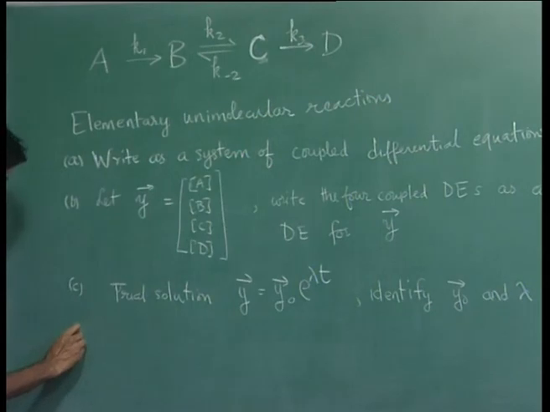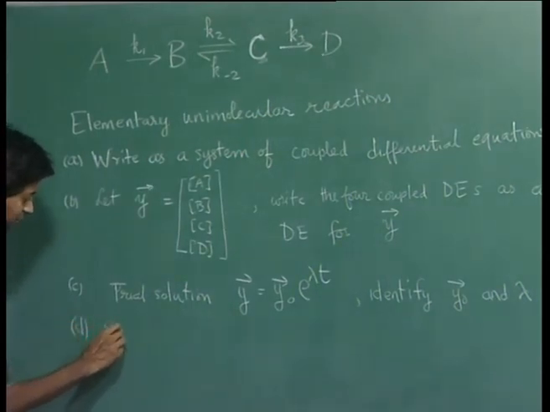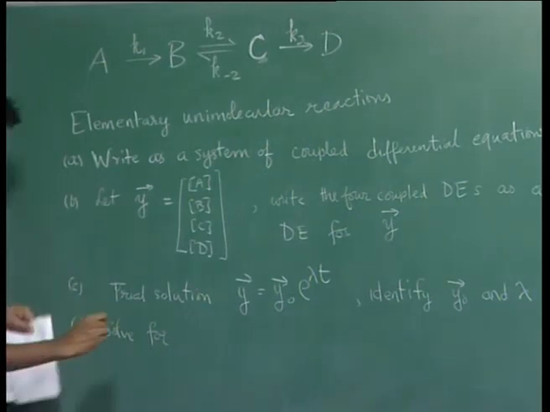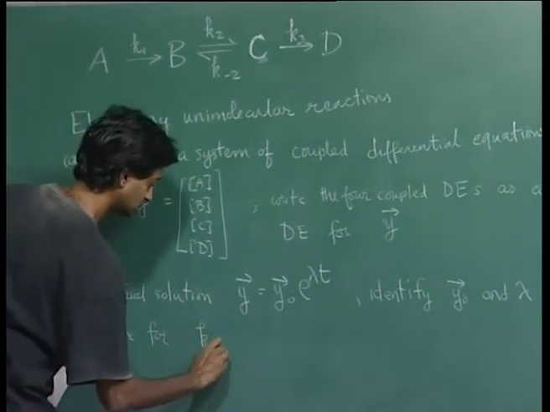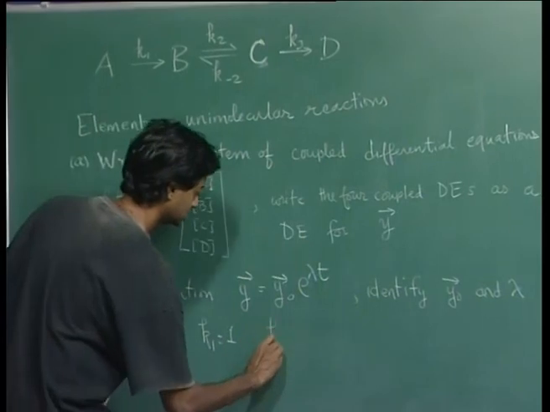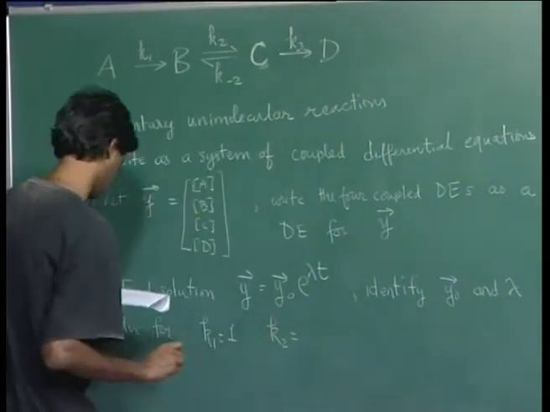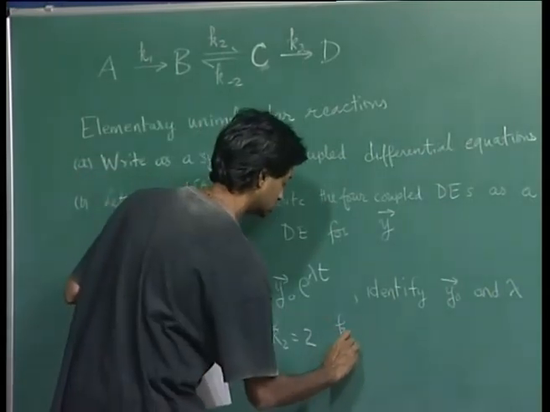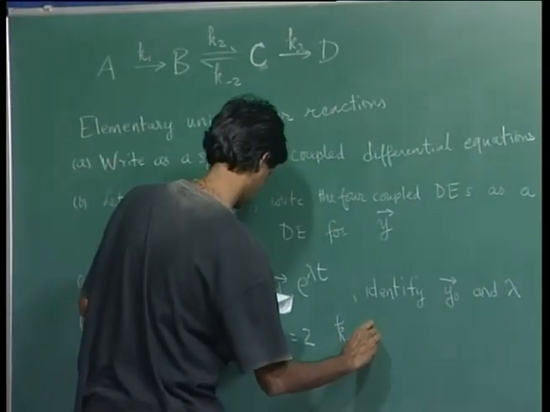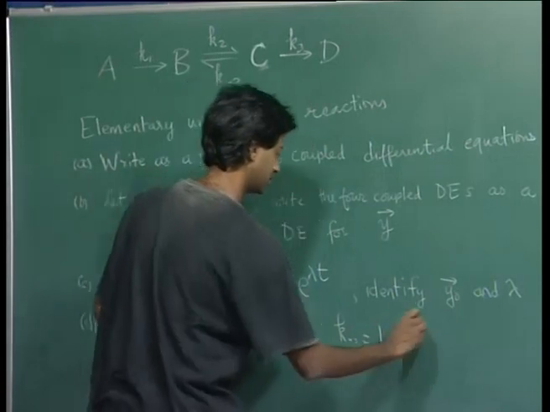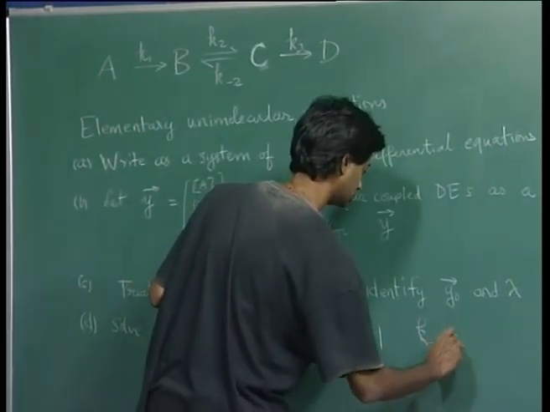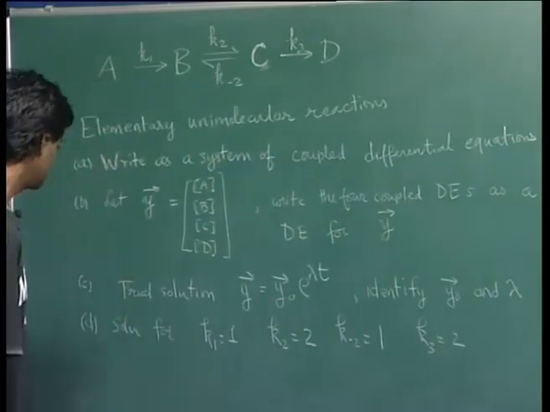Okay, then solve for K1 equal to 1, K2 equal to 2, K minus 2 equal to 1, and K3 equal to 2.